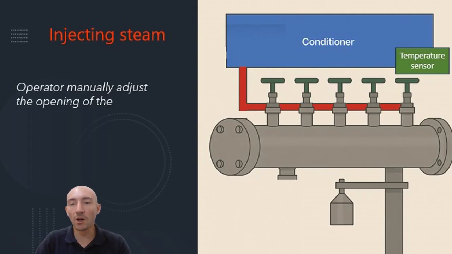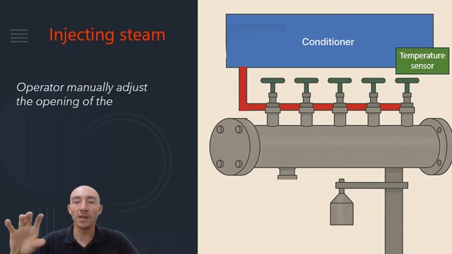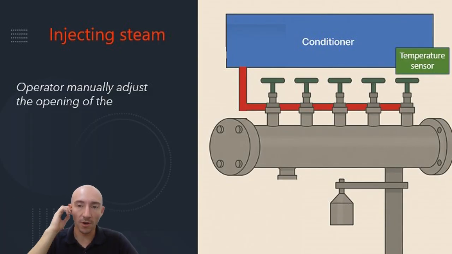And there's two ways of controlling the temperature of the conditioner and controlling how you inject steam. First way, very manual, is you have a temperature sensor at the far end of your conditioner. The operator opens the steam valve at the steam manifold, and as the operator opens the valves at the steam manifold, you inject more or less steam to reach the temperature that you want.